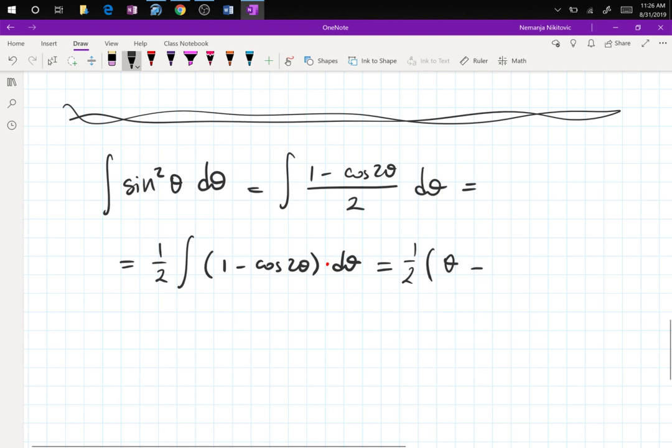So the integral of cosine is positive sine 2 theta divided by 2, because you had the 2 in front.